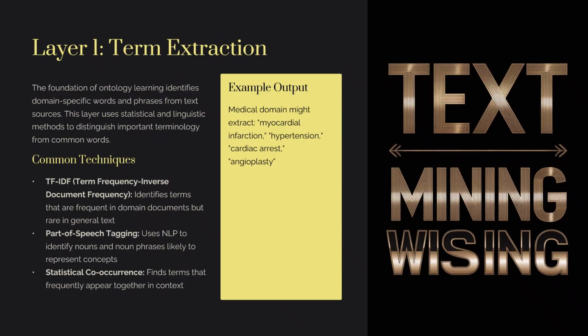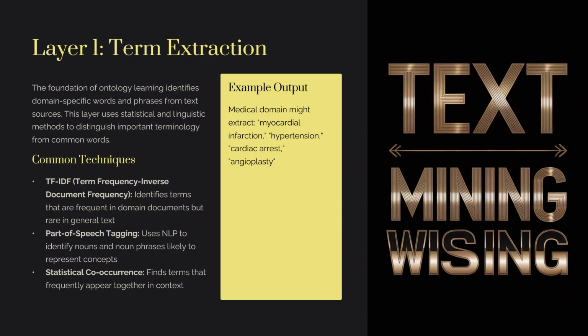The first and most fundamental step in ontology learning is term extraction. In this stage, the system identifies important words and phrases that represent key ideas within a particular domain. Several techniques are used to perform this task, one of which is TF-IDF, which stands for term frequency inverse document frequency. This is a widely used technique.